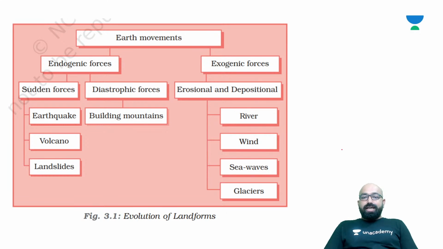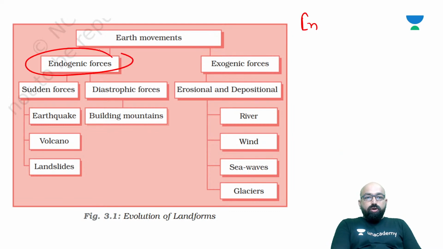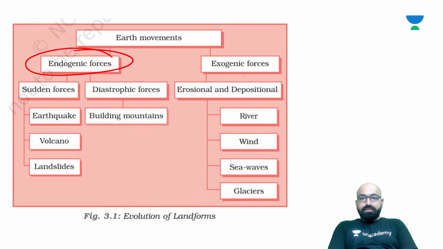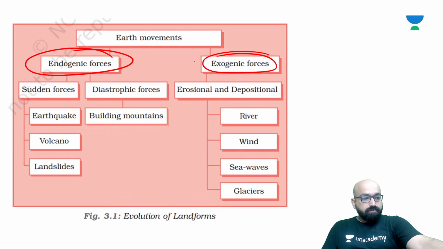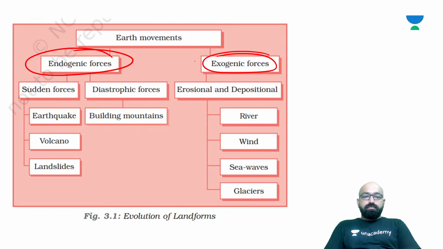The forces which act in the interior of the earth are called endogenic forces, and the forces that work on the surface of the earth are called exogenic forces. Now, friends, this is the chart of evolution of landforms.